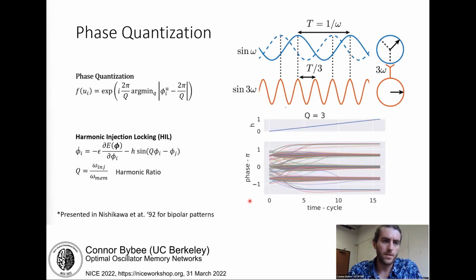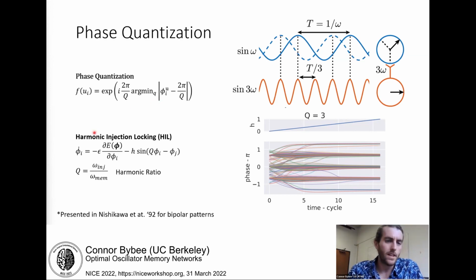So then the question comes to, how can we perform phase quantization in this dynamical system? It turns out to be a non-trivial problem, because if we examine the phase quantization activation function, it requires computing the distance to all possible discrete phases in a search to find the minimum, and then project and take that phase.